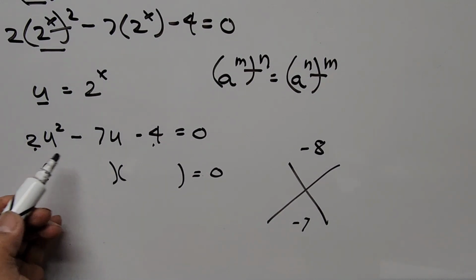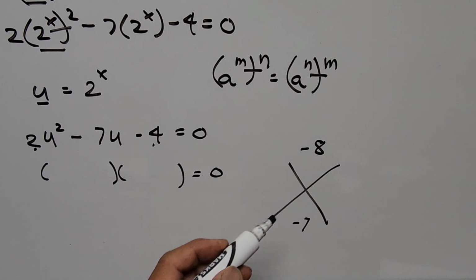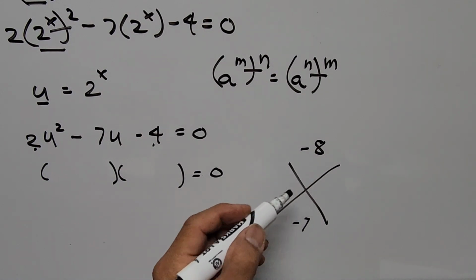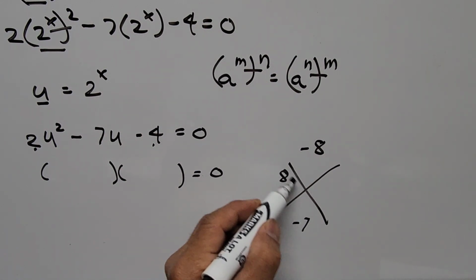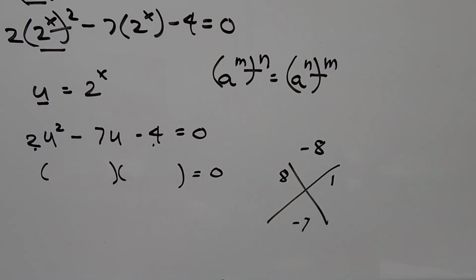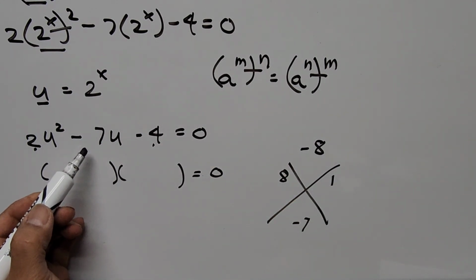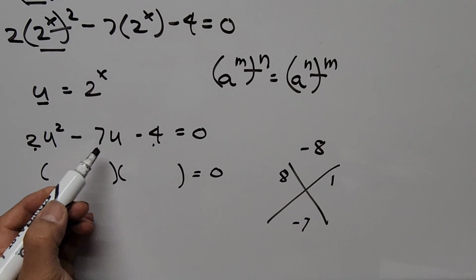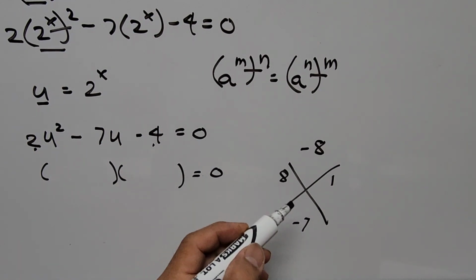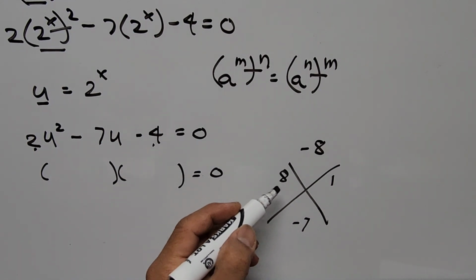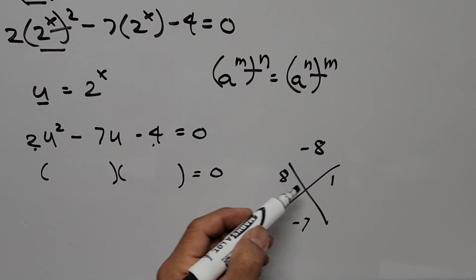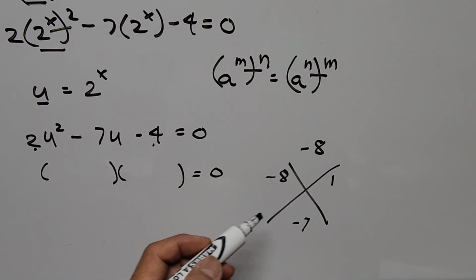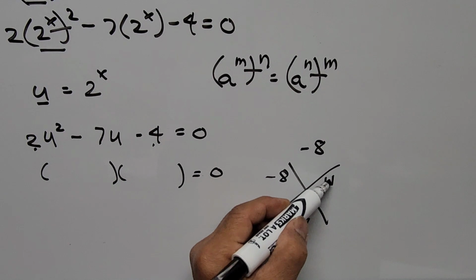The factors of negative 8 are 8 and 1. Since the middle term has a negative sign on the negative 7 coefficient of u, the bigger value of the factor carries a negative sign and the smaller value carries a positive sign.